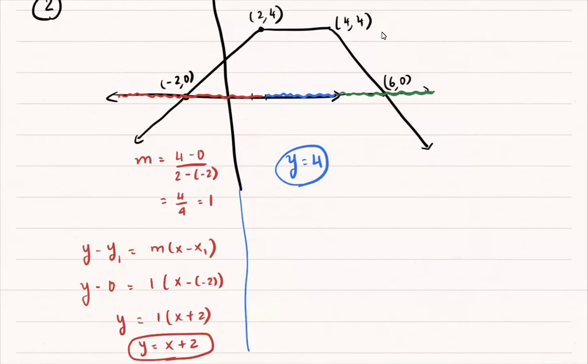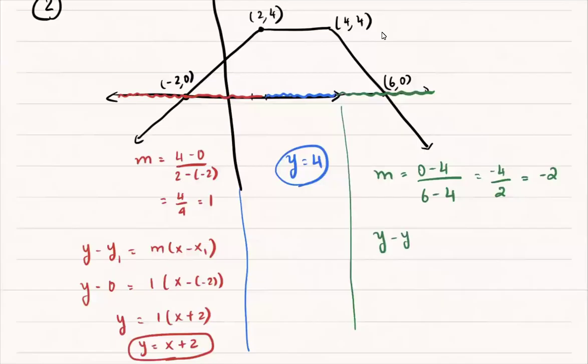Third line is another slant line. The slope is y2 minus y1 over x2 minus x1. So -2 is the slope. Now to write the equation, I do y minus y1 is m times (x minus x1).